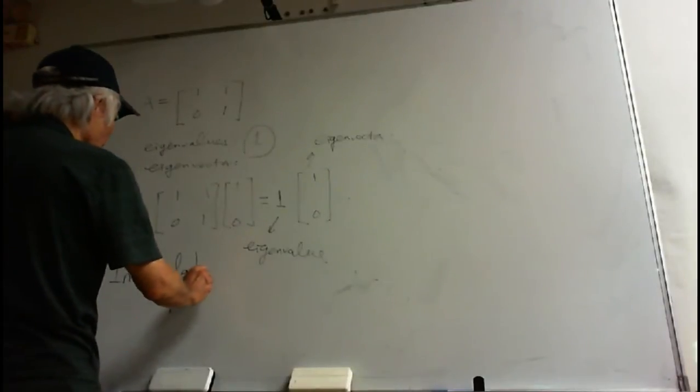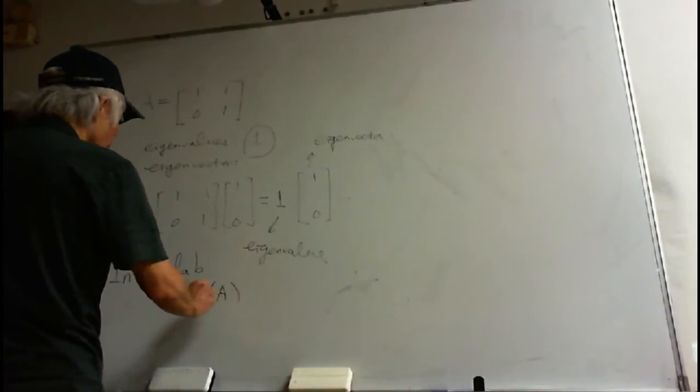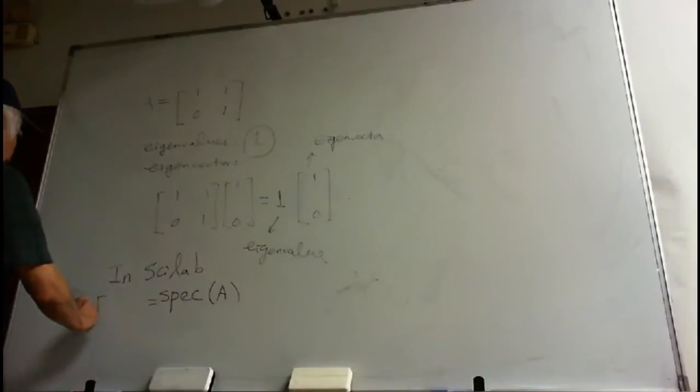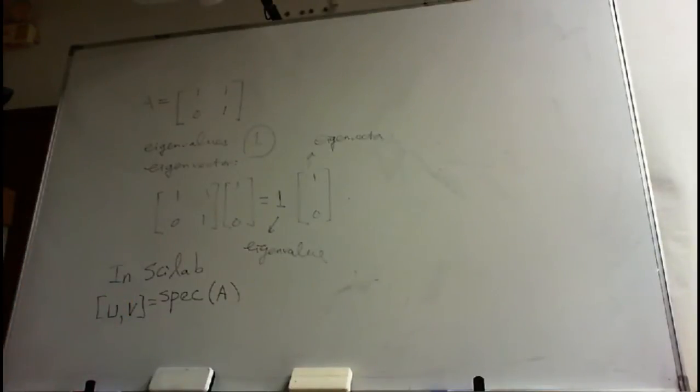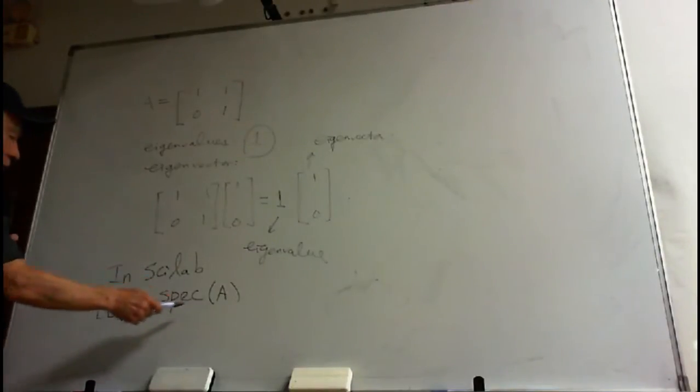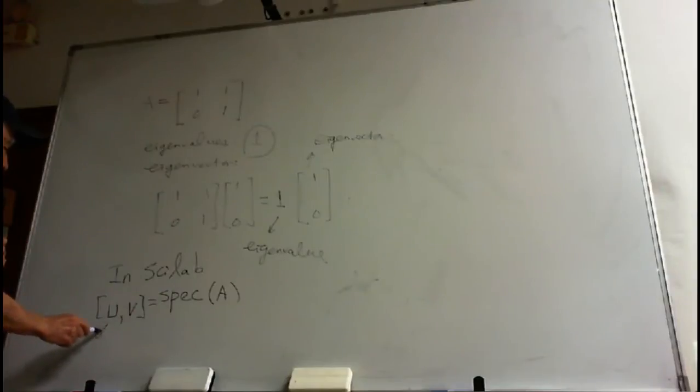If you give it A, it gives you two matrices, U and say V. This is the eigenvector matrix, and this is the eigenvalue matrix.